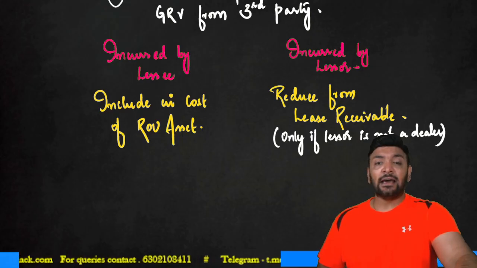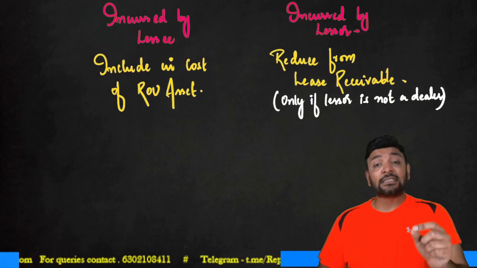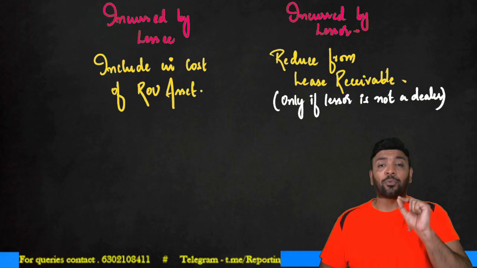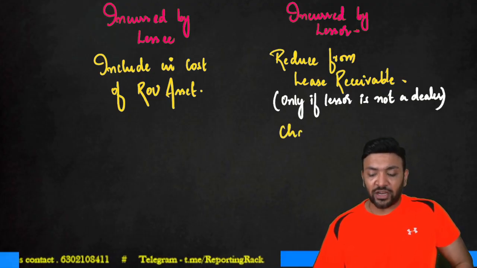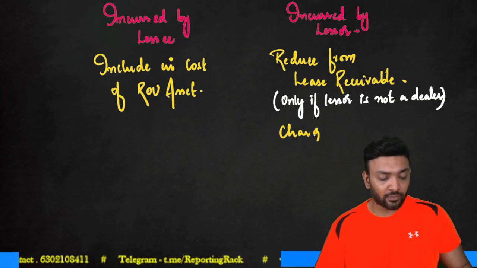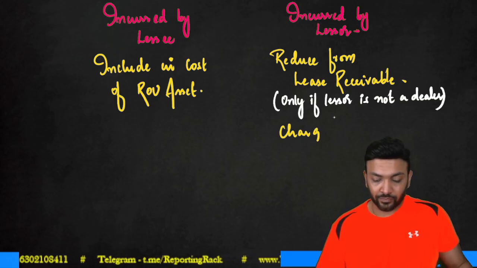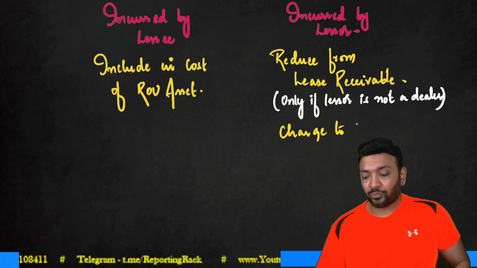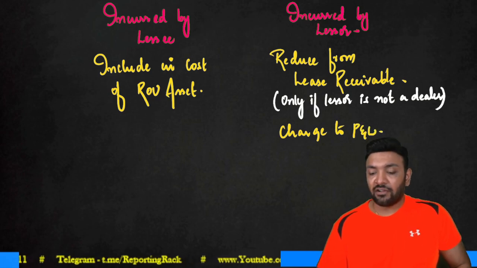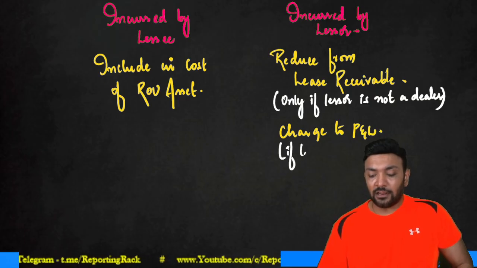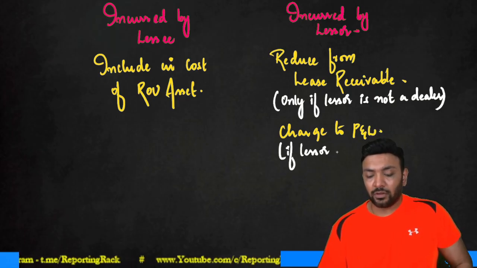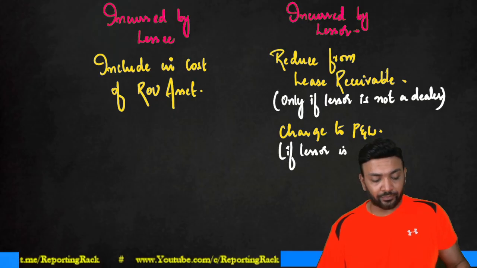If he is a dealer, that means if he is dealing with these assets to only provide it on lease, then I will charge to P&L if lessor is a dealer.